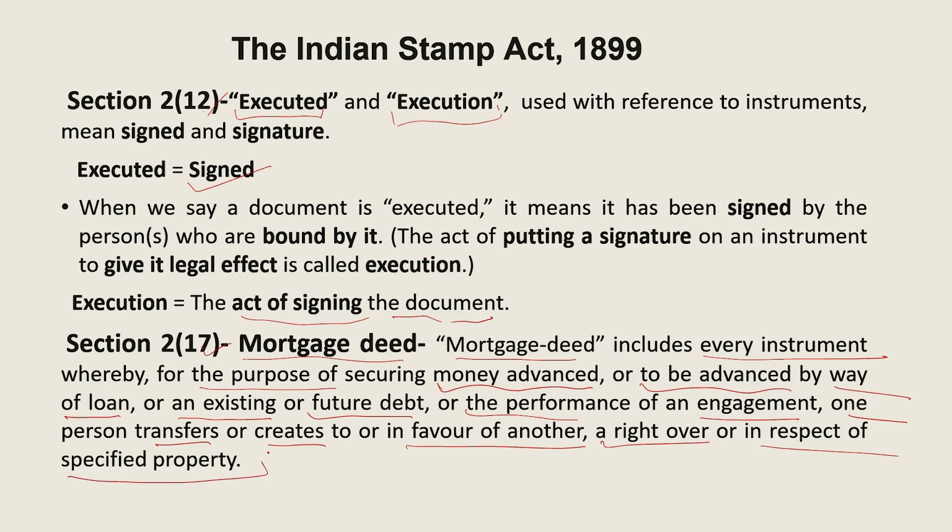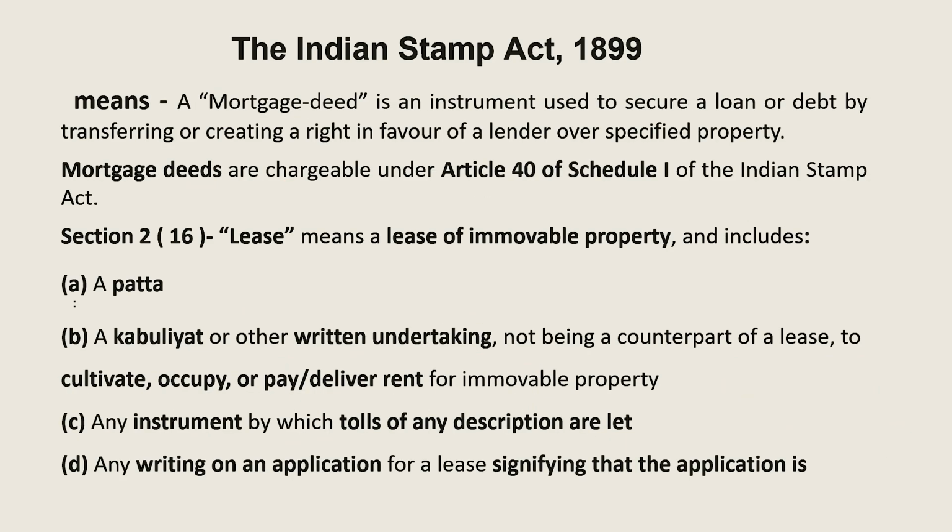I already gave you one example on the mortgage deed, right? So a mortgage deed is an instrument used to secure a loan or debt by transferring or creating a right in favor of the lender over a specified property.